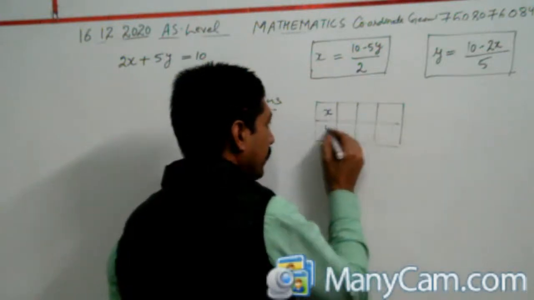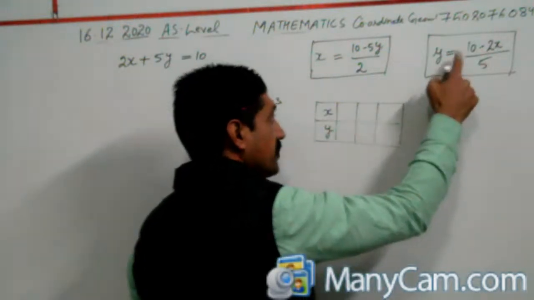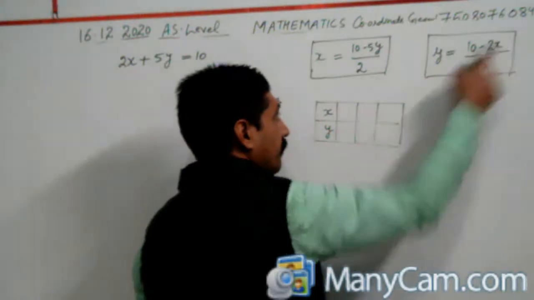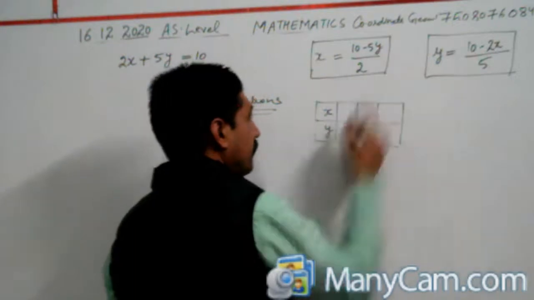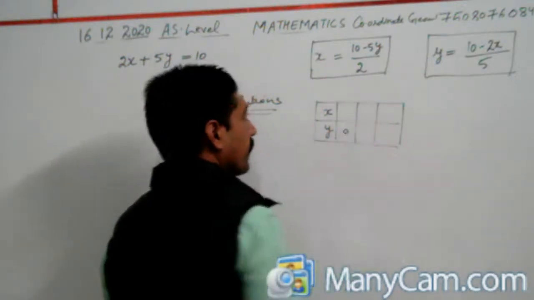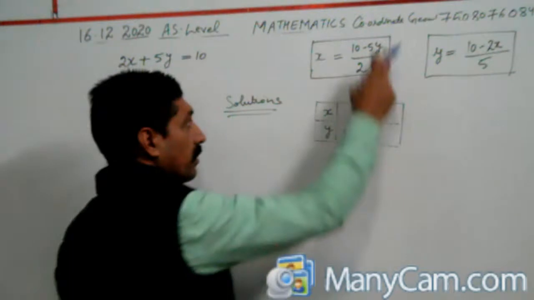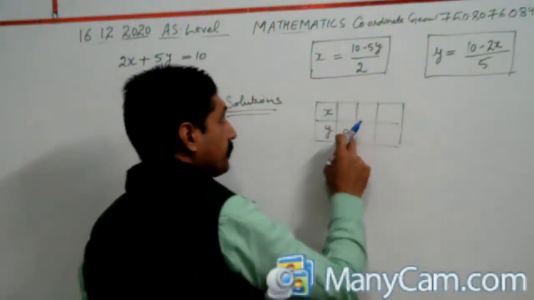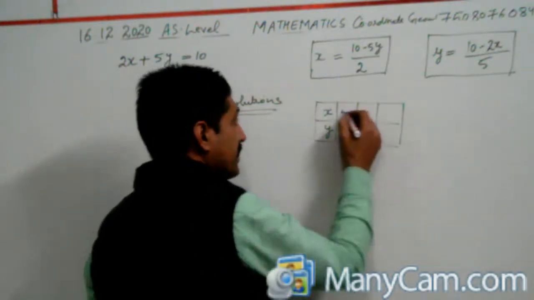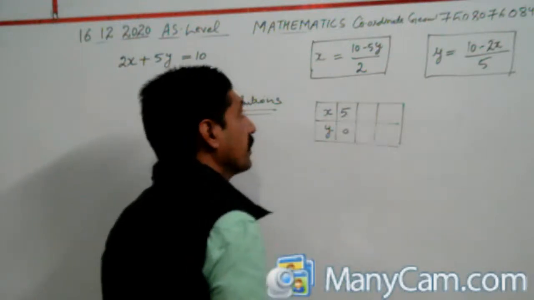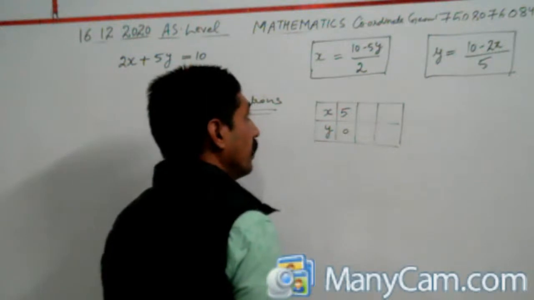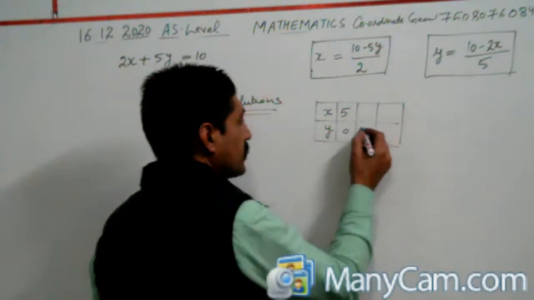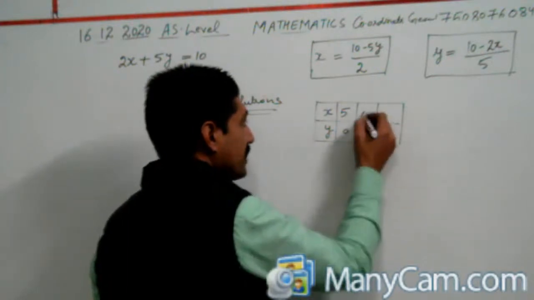If I am interested in this one, I will put the value of y, like y is 0. If y is 0, then x is 0 first. If y is 2, then x is minus 5.